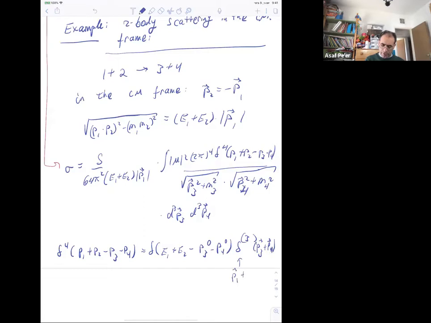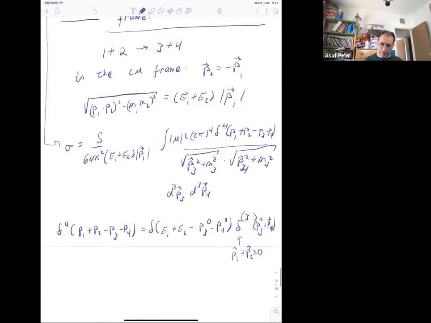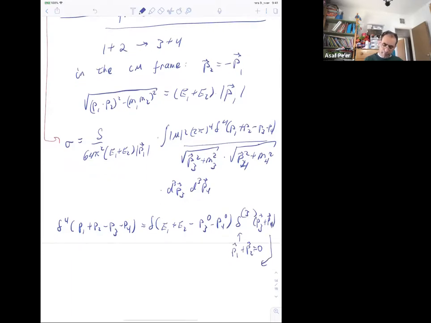P1 plus P2 are equal to 0 in the center of mass frame, so we end up with P3 plus P4. We can use that to carry out the P4 integral. P4 becomes minus P3, which is obvious. The outgoing particles in the center of mass frame have opposite momenta.